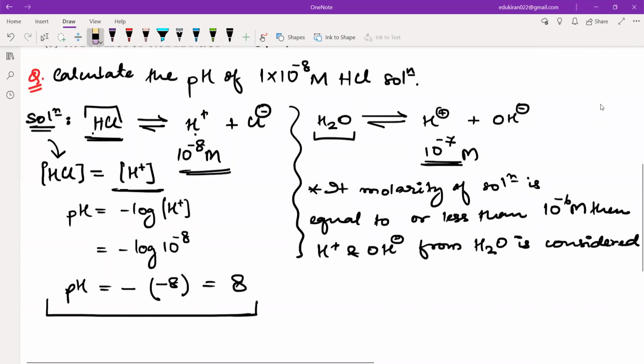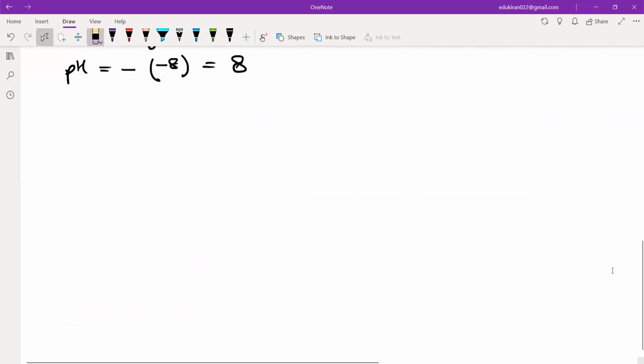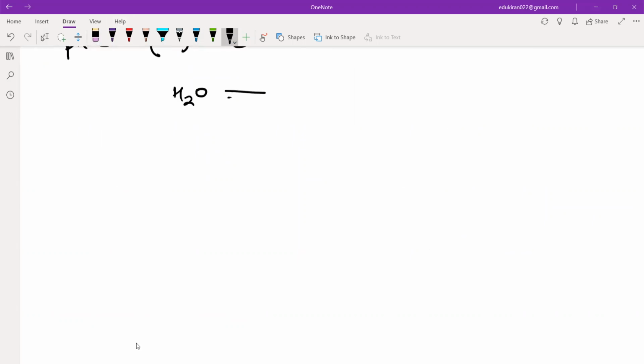Now you also have to remember that we have these two reactions. H2O gives me H plus plus OH negative, and the concentration of H plus that I'm getting is 10 to the power minus 7.